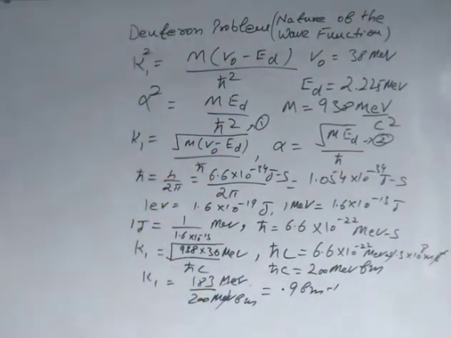So this is K1. Okay, so you have got the value of K1 approximately 0.91 femtometer inverse.